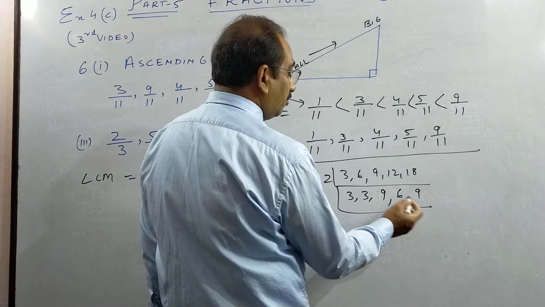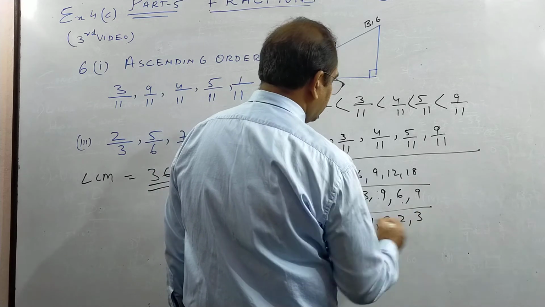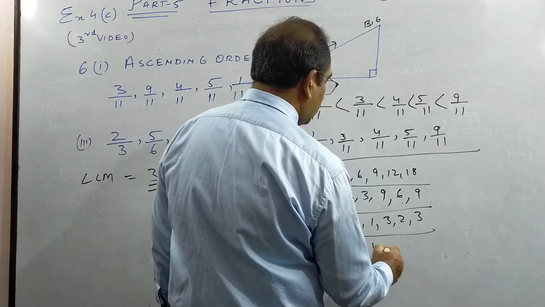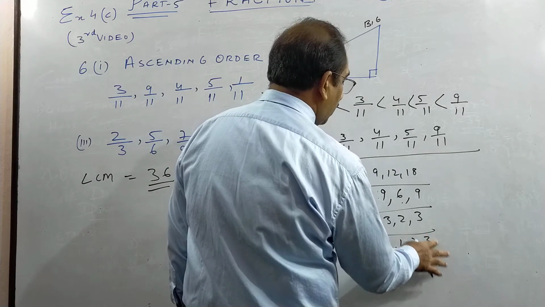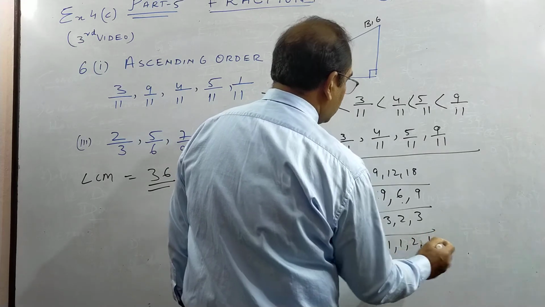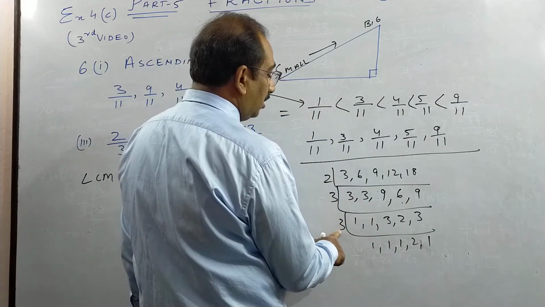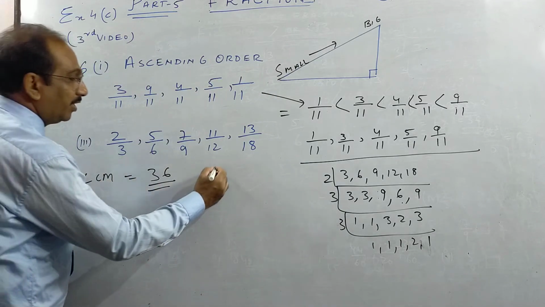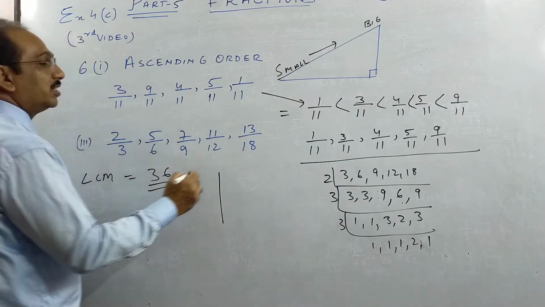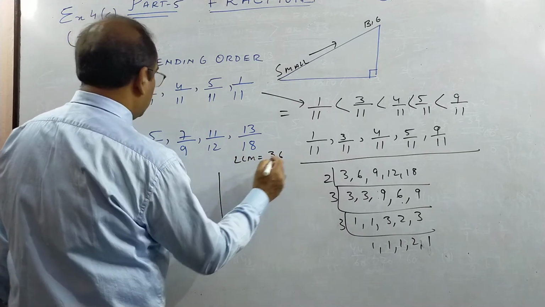Now 2 I will not take, because one number will go. So I take 3 and again I take 3. So as I told you, children, the LCM is 2 threes are 6, threes are 18, twos are 36. So what we do is convert each of these fractions to denominator 36.